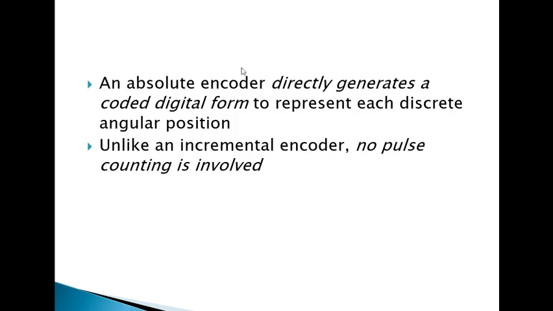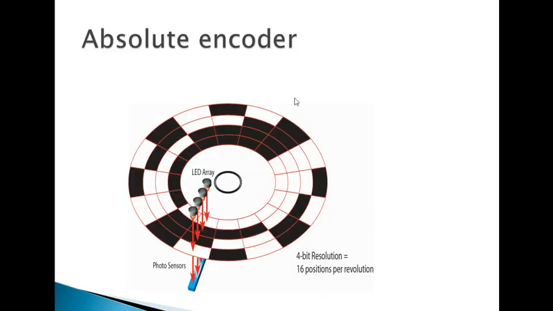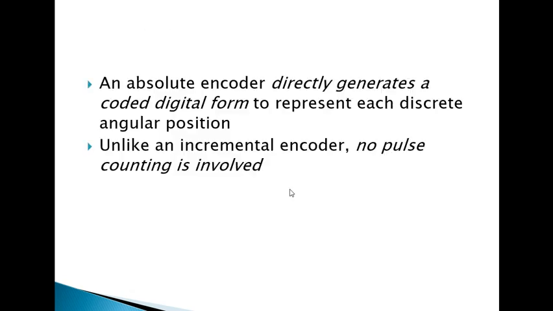Okay, so the absolute encoder directly generates a coded digital form to represent each discrete angular position. This is considered one position, this is another position, and so on. Each and every position has a unique code, and from that code we can calculate the current position of the encoder, or we can say the current position of the shaft. Unlike the incremental encoder, no pulse counting is involved, so that is why it is more accurate.